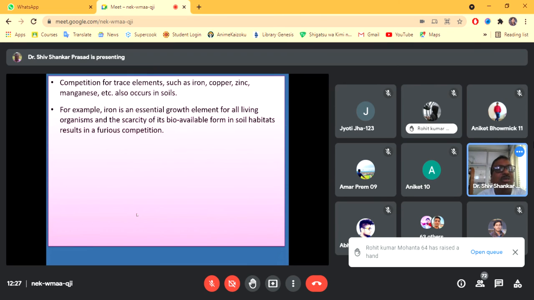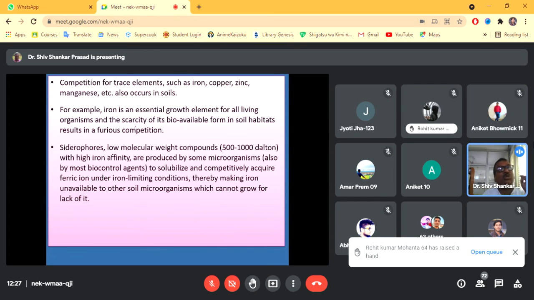So this is a type of competition. For example, iron is an essential growth element for all living organisms and for plants also. The study of its bioavailability from soil has resulted in these competitions also. So they affect the growth of the microorganisms.